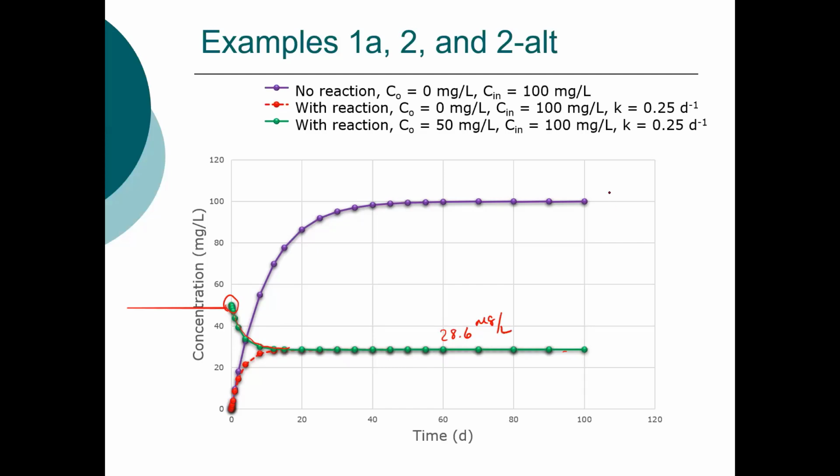So this was a situation where we had no reaction. Here we start, C naught is equal to 0, and we're pumping in a 100 milligram per liter solution, and the rate constant is 0.25 inverse days.